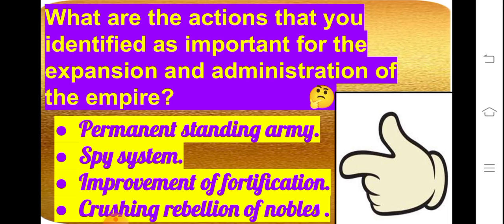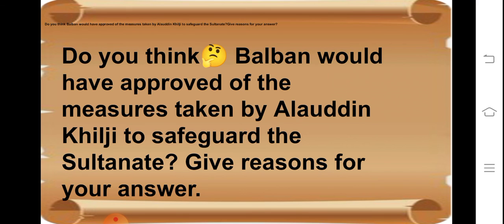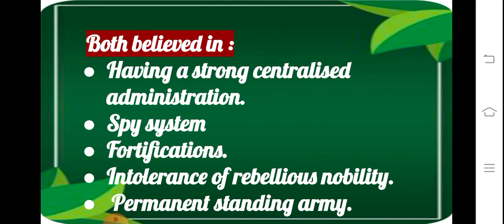Okay, now let's try some higher order thinking. Do you think Balban would have approved of the measures taken by Alauddin Khilji to safeguard the Sultanate? Give reasons for your answer. Okay, so you have to give reasons also for your answer. Balban would have approved of the measures undertaken by Alauddin Khilji.